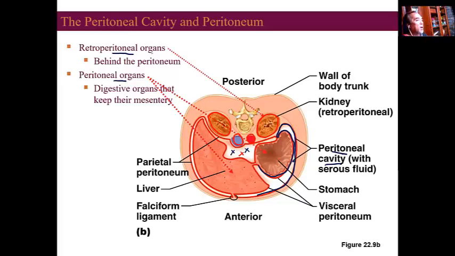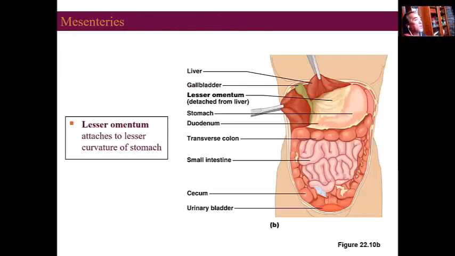All right, so now we have some of the mesenteries that we're going to be identifying. I'm going to look at it in the frontal view, but it's easier if you take a look at the longitudinal view. So we're going to identify some of the mesenteries here. The stomach has two curvatures.